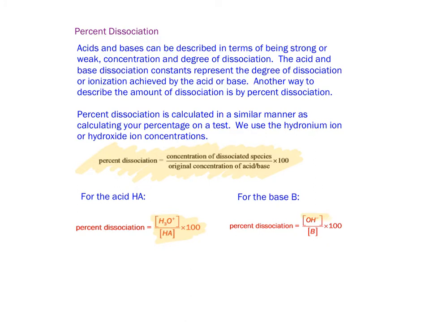And for a base, it'd be the hydroxide ion concentration divided by the concentration of the base times 100. So fairly straightforward there. The calculations are fairly straightforward, and it's using things that we're already familiar with doing.